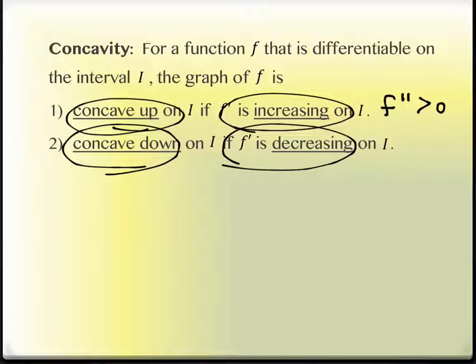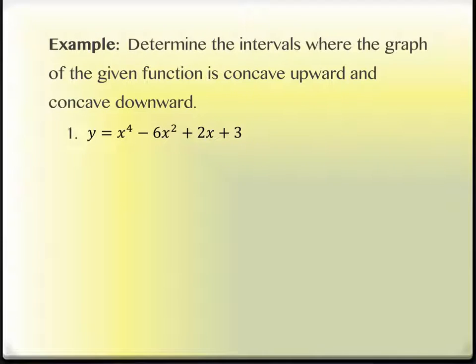The derivative is decreasing, and that's when the derivative of the derivative, the second derivative, is negative. So the process by which we do this feels very much like the first derivative test, because it really is. It's an application of the first derivative test to a new function, which is the derivative that we were just working with. All right, so let's take a look at some examples, because the process is very similar.